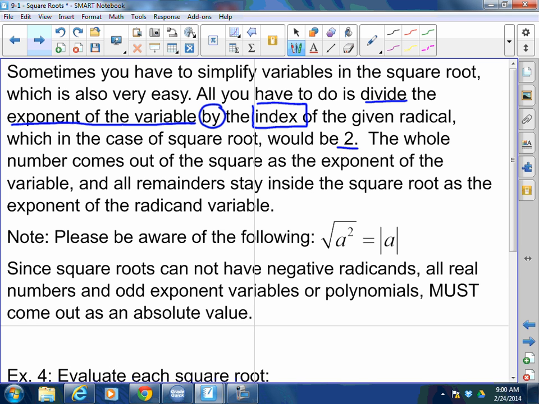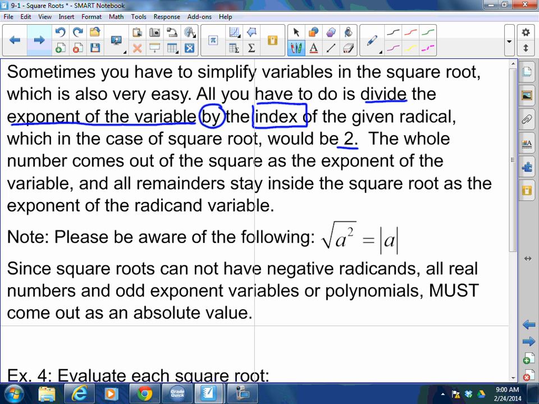The whole number comes out of the square root as the exponent of the variable, and all remainders stay inside the square root as the exponent of the radicand variable.